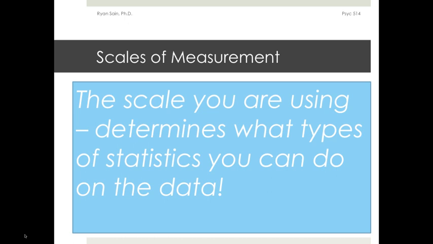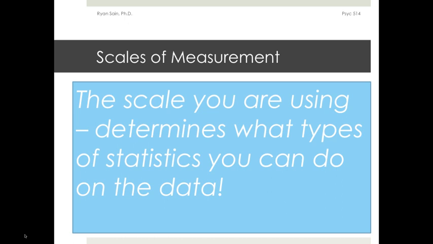Depending on what type of data you have, it allows you to extract some information from it or not. If you've got a nominal scale of measurement, you're going to have very little information you can get from it. But with ratio level data, you've got some really cool info you can pull. So we always try to maximize our scales of measurement and go for interval or ratio level data, but oftentimes we're working at the ordinal level.